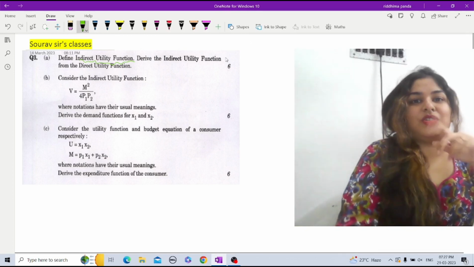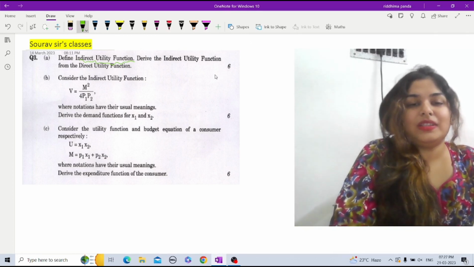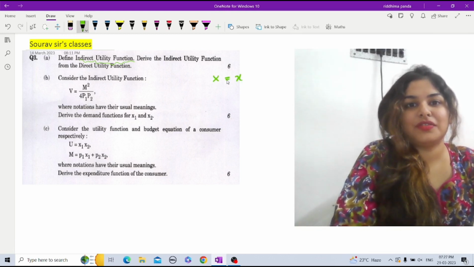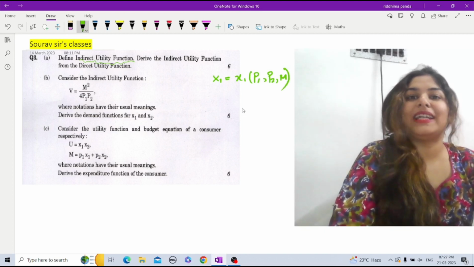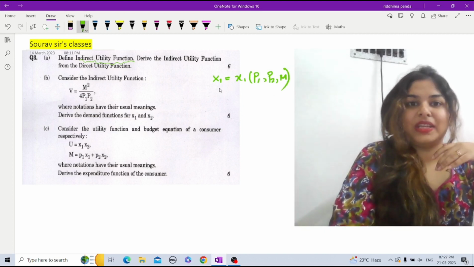Using notation here, we know that the demand X1 is a function of, let's say, P1, P2 and M, that is, price and income.